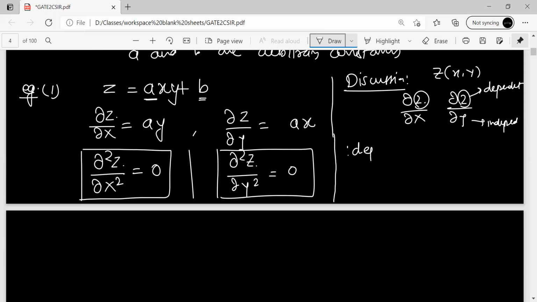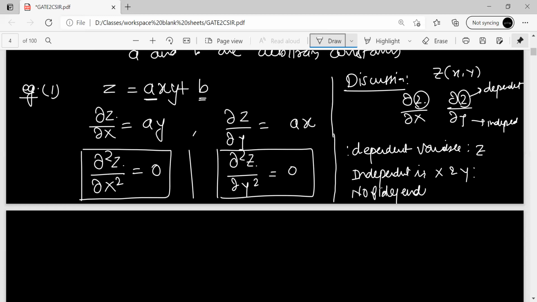The dependent variable is z, and the independent variables are x and y. So the number of independent variables is 2. And how many constants are there? 2.